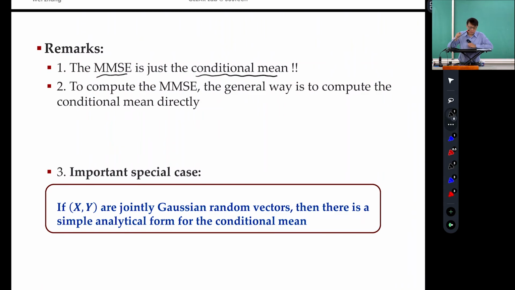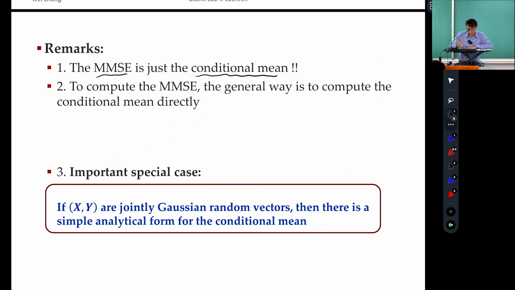And to continue, the question is, did we solve everything yet? We have to be able to compute the conditional expectation, right? How do we compute it? By definition again?